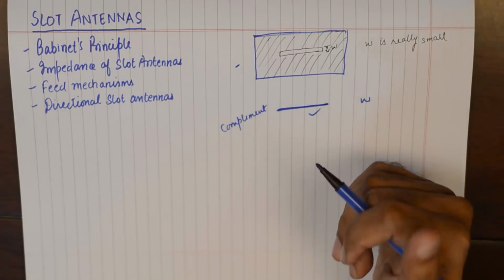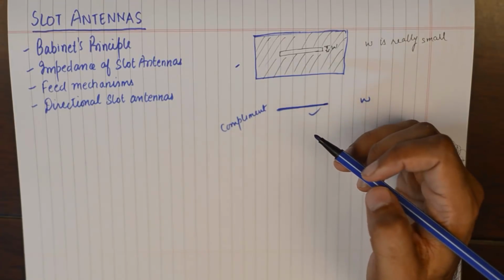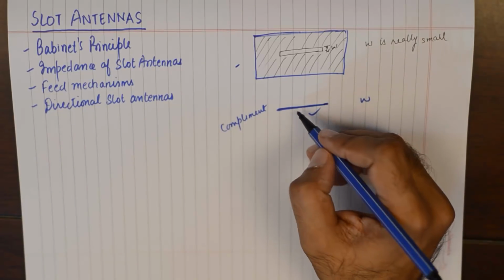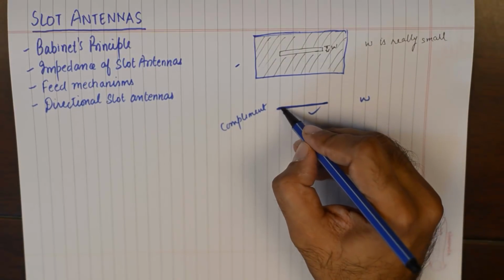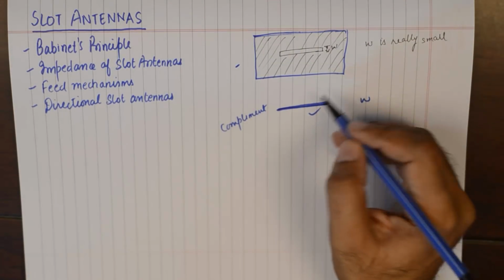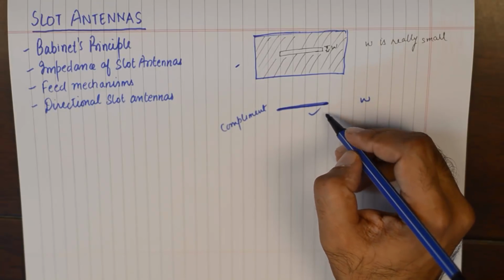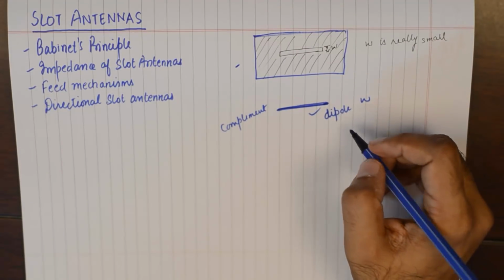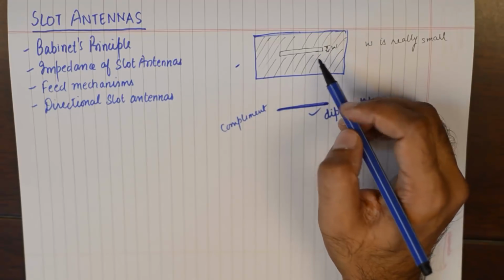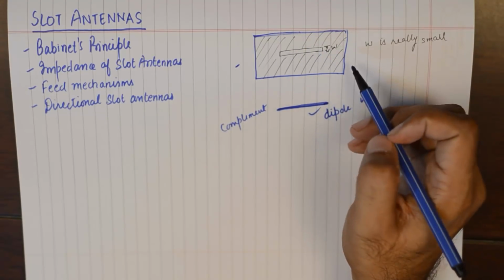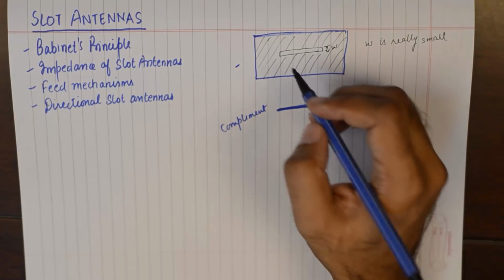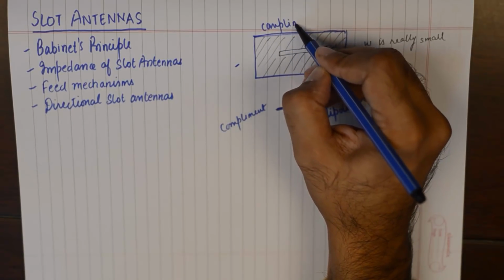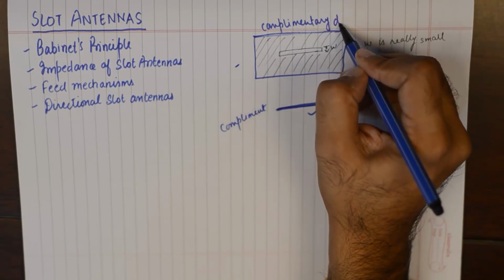Now, it is very important to understand that this case of a wire surrounded by air is practically a dipole, and this thing where we have air surrounded by conducting material can be called a complementary dipole.